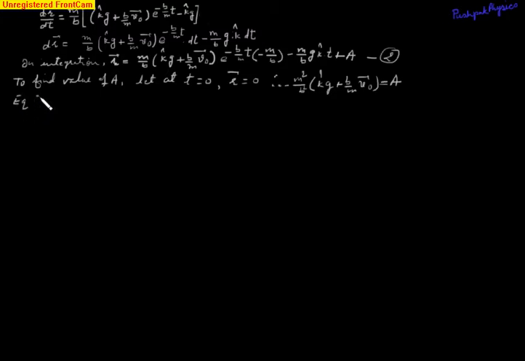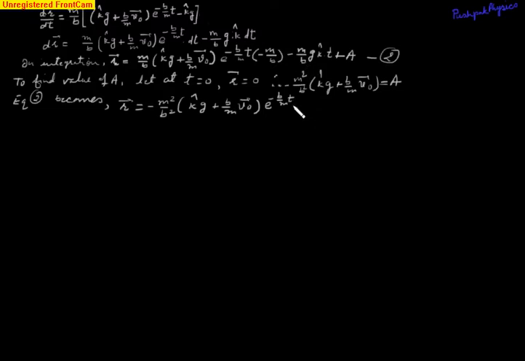Equation 2 becomes, with the value of a, r equal to, I multiply this m over b term here, so I get minus m squared over b squared into k g plus b over m v naught, multiplied by e to the power minus b over m into t, this one.